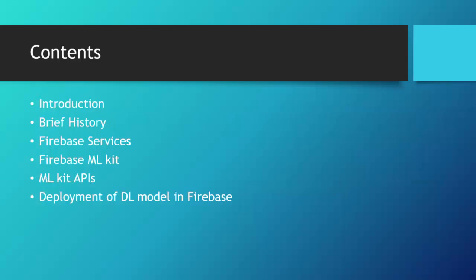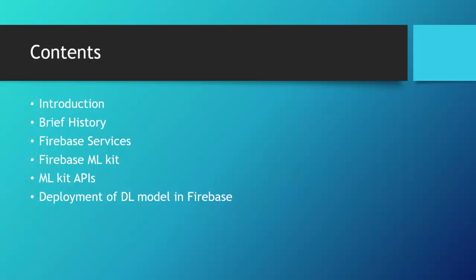So basically, my contents are like this: an introduction about Firebase, a brief history of Firebase, and what different services Firebase offers. Most importantly, today's topic is Firebase ML Kit, which means how to deploy deep learning models in Firebase.